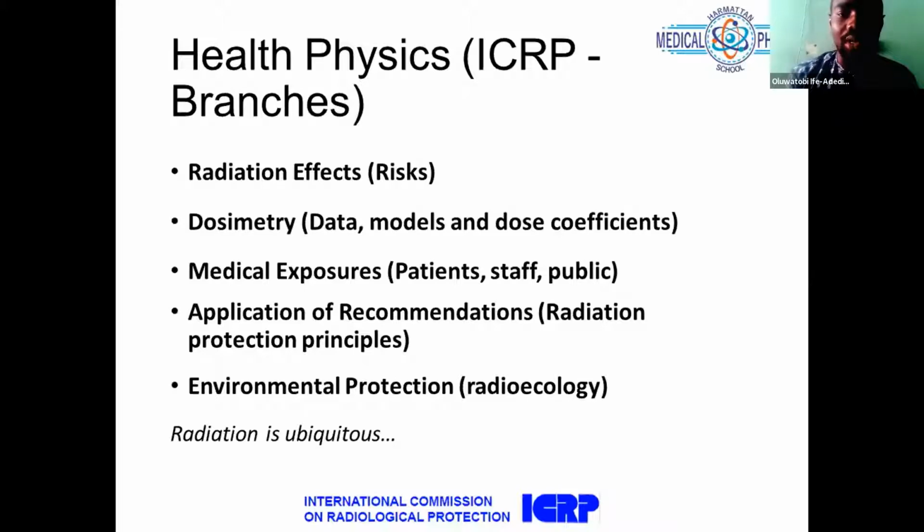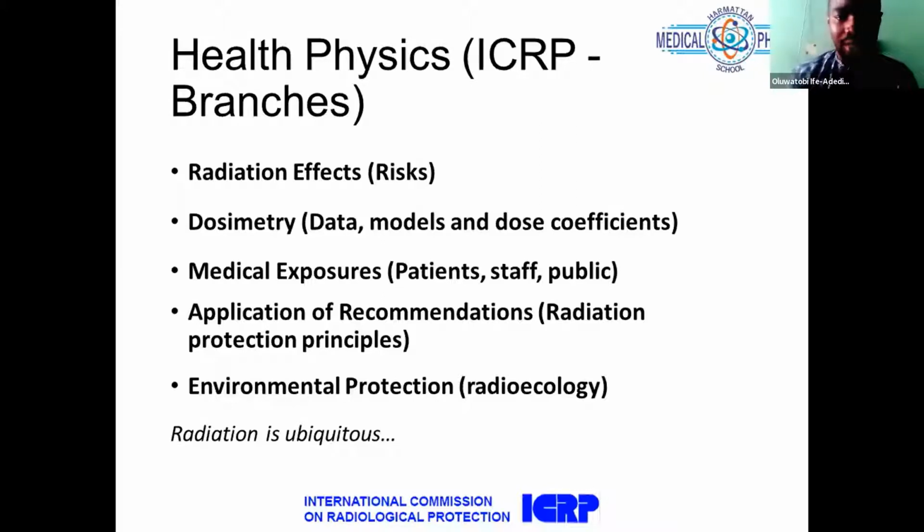So what are the branches of health physics? Well, the branches will depend on the organization, or put in another way, the nomenclature for the branches would depend on the organization in question. So we're just going to look at one organization, ICRP, the International Commission on Radiological Protection.